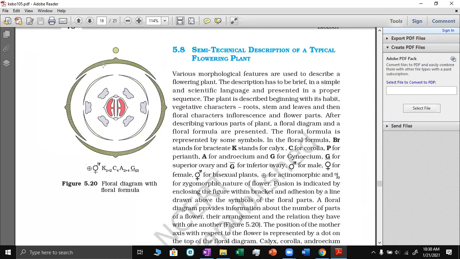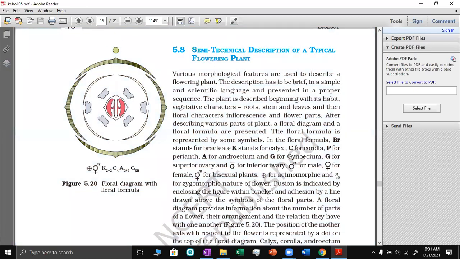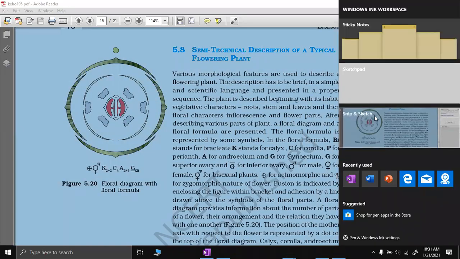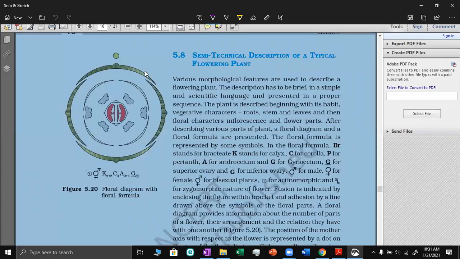Here it is the imbricate estivation. Estivation is imbricate, and next the inner portion, these four are the petals.